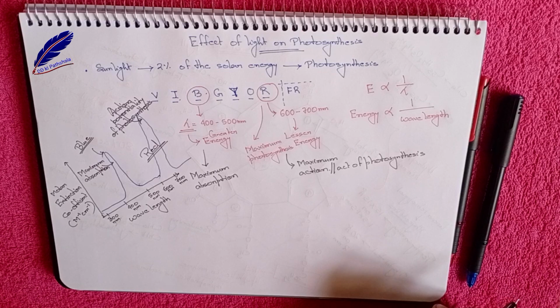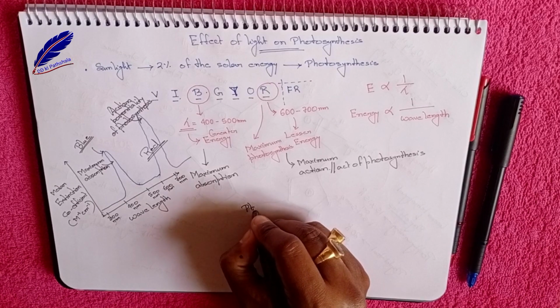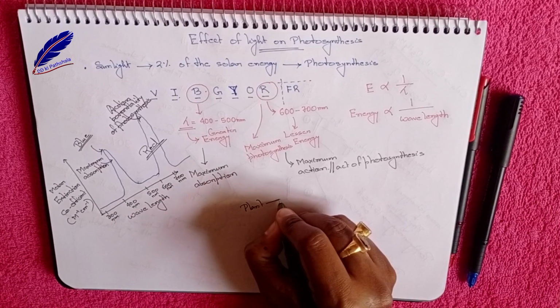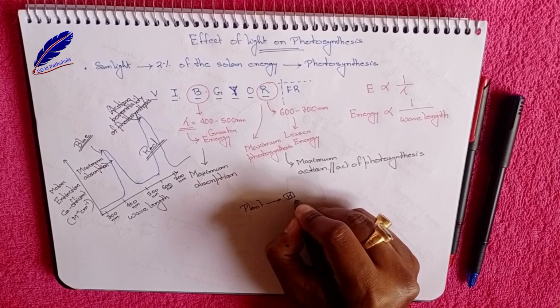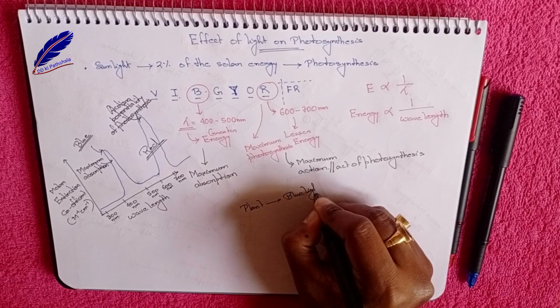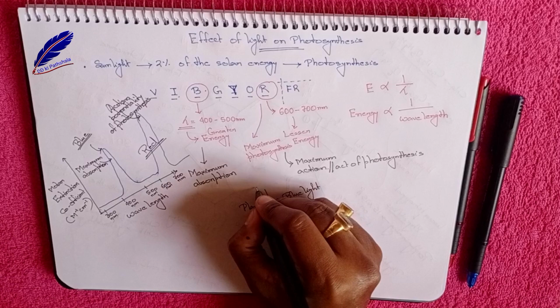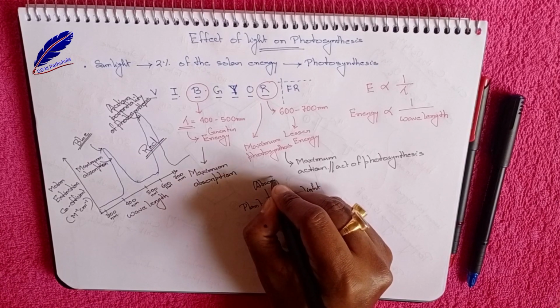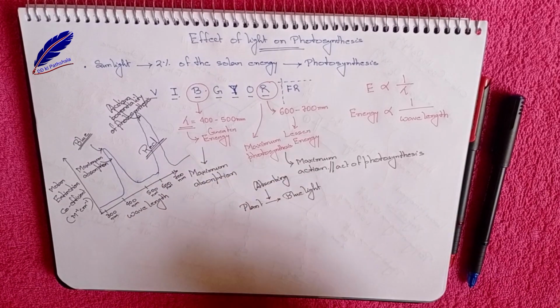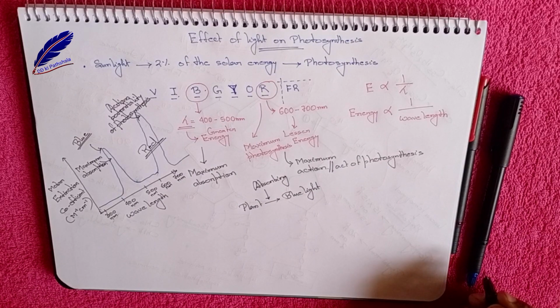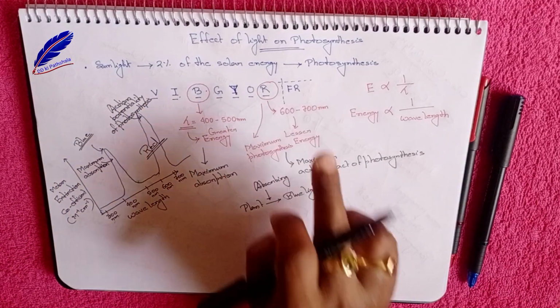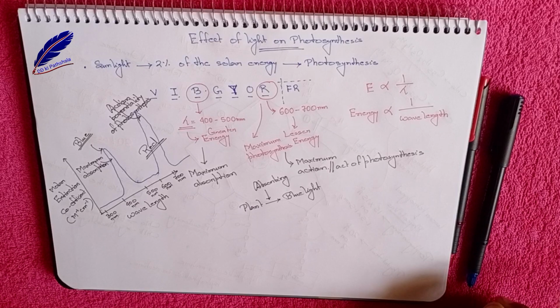So there lies a confusion: the plant is absorbing blue light. When solar radiation strikes, out of the 7 monochromatic lights under the visible range, the plant absorbs only blue light.